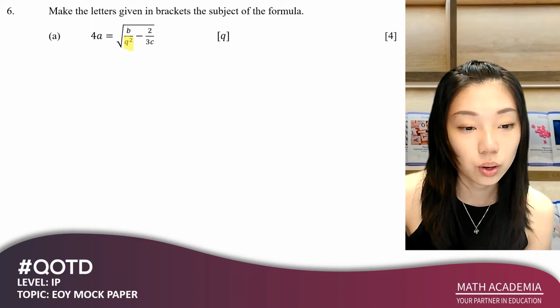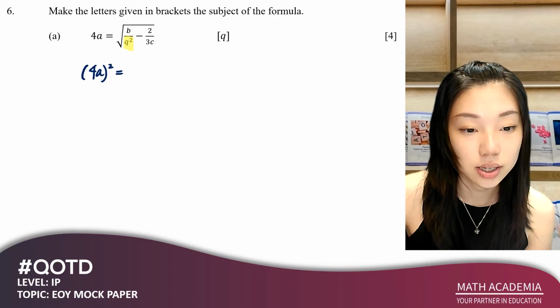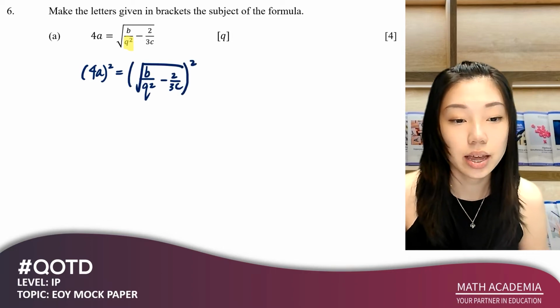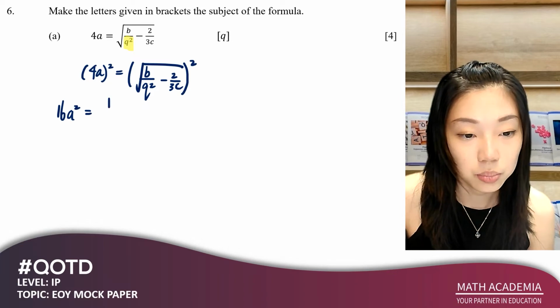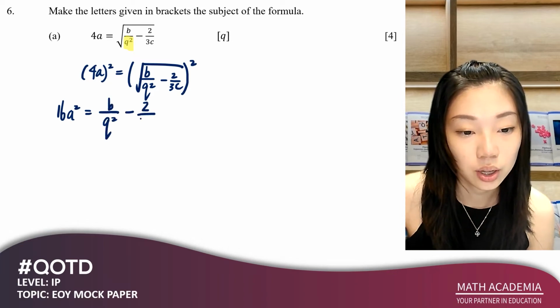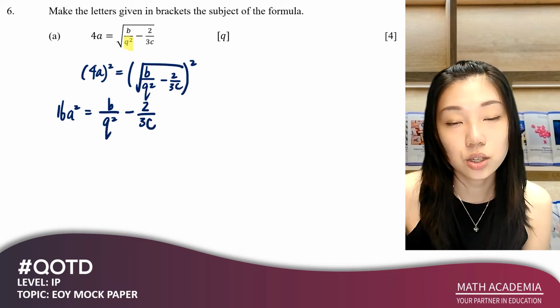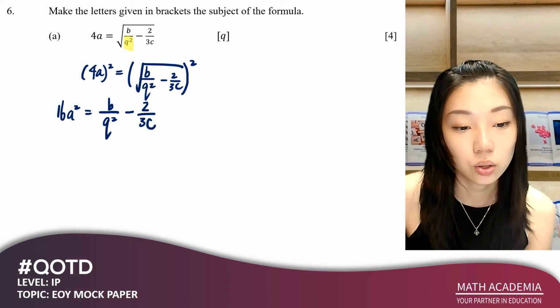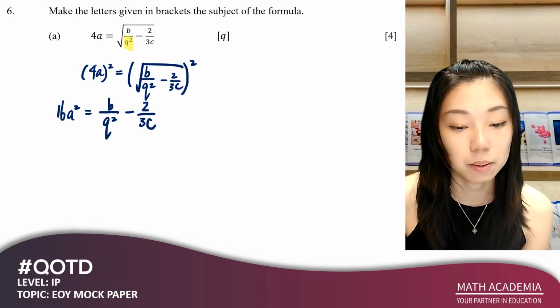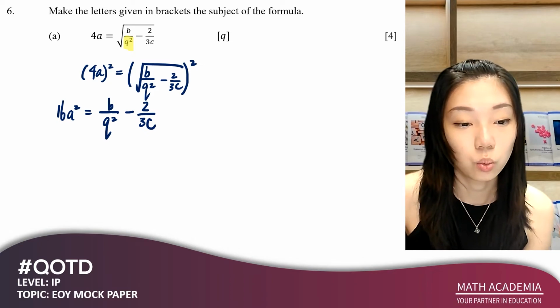When I remove the square root, what I do is I square both sides. Okay, and that would give me 16a squared equals b over q squared minus 2 over 3c. The next thing I need to do is to isolate the term with q. The term that I'm looking at right now would be this term over here.